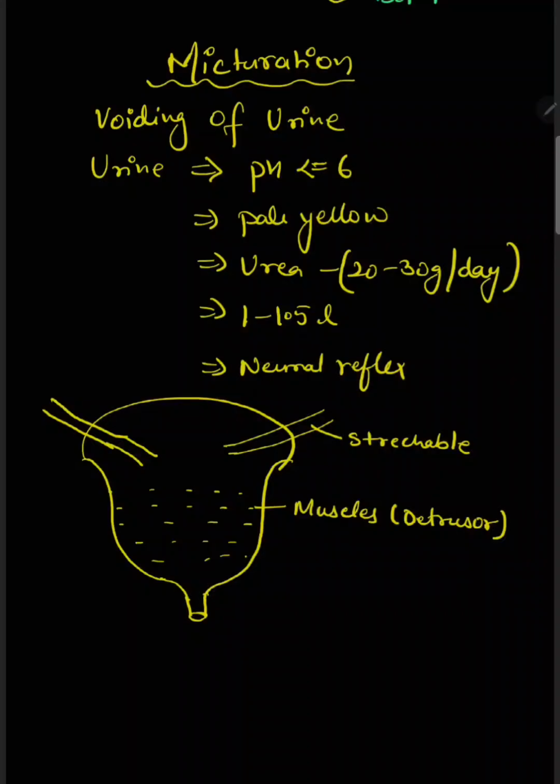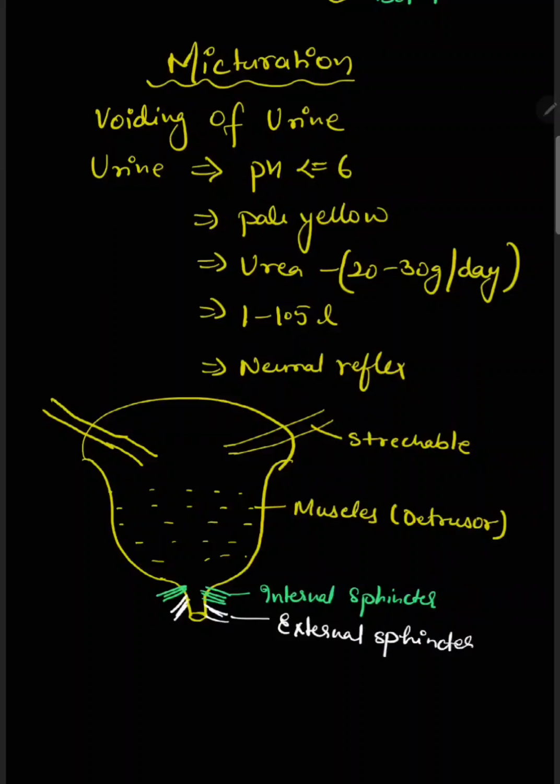This is the urethra. Urethra is lined by two sphincters. This is the internal sphincter, and then here we have the external sphincter. Now, both of them are neither purely voluntary nor involuntary.